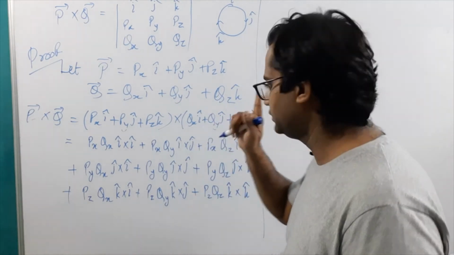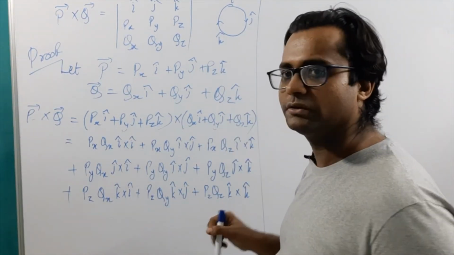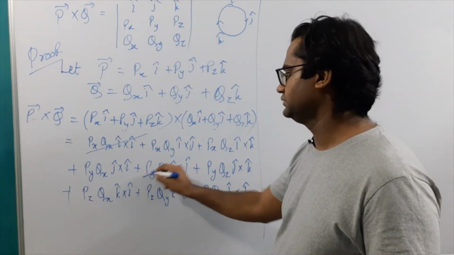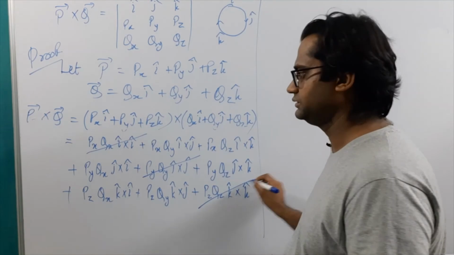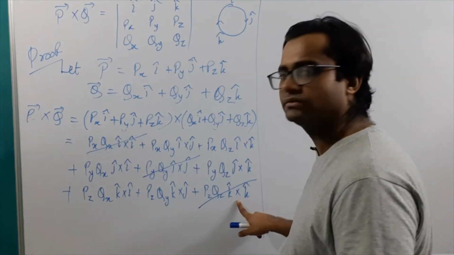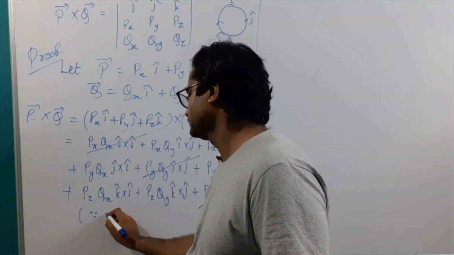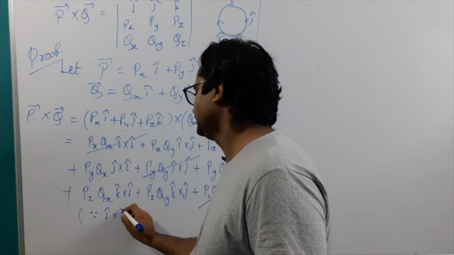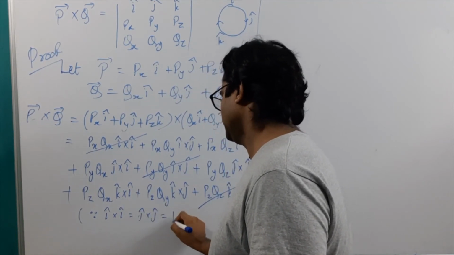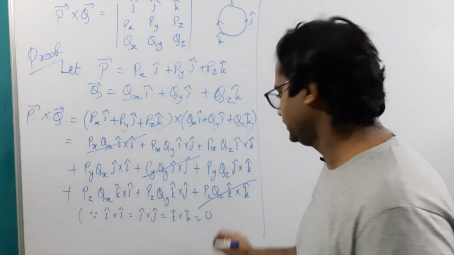I cross i is 0. Remember that we have written this property, I think it was the fourth property. J cross j is also 0 and k cross k is also 0. So I have cut these three terms. I can write the reason here: since i cross i equals j cross j equals k cross k equals 0.